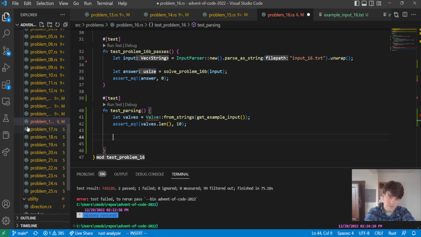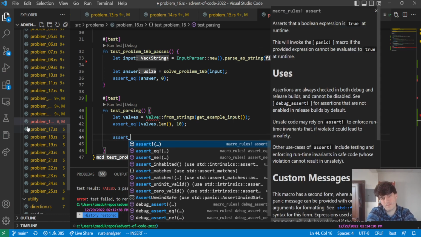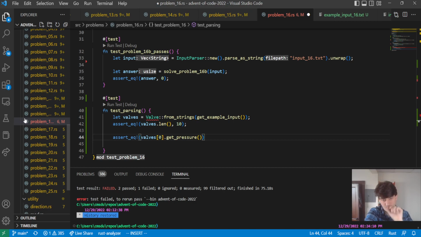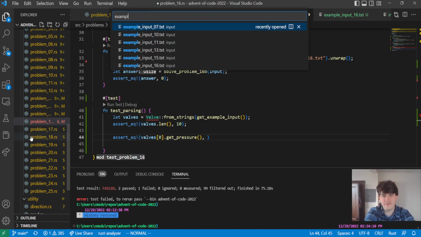And I guess we'll just assert that valves 0 dot get pressure... I don't actually care what they're called, right?